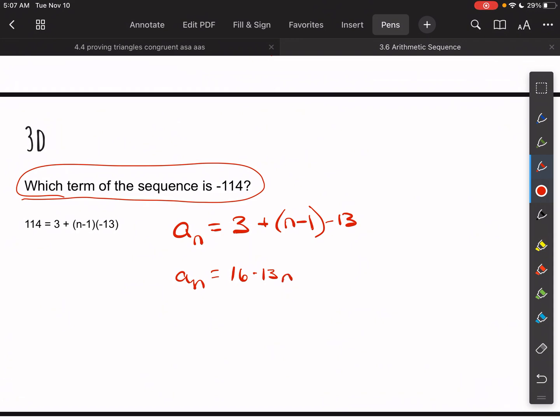What they want to know is which term. If you solved our equation out and you knew an n value to plug in, then you're getting this. So what they want now is, when is the nth term negative 114? So we're going to substitute it.